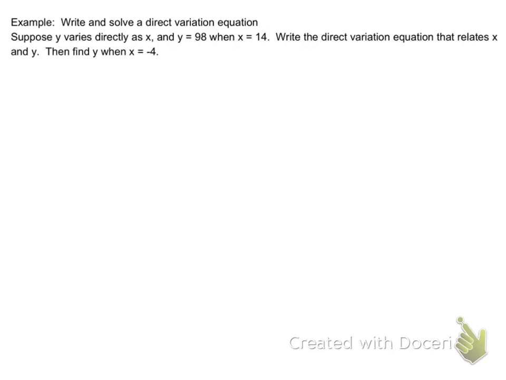So let's talk about an example. This example, using the fact that y varies directly as x, says write and solve a direct variation equation. I want you to write the equation, and once you have an equation, I want you to use it to find something else. Your example tells you y varies directly with x. As soon as I see that, I should be writing this down: y equals kx. That's your direct variation equation, right? Okay, so y varies directly with x.